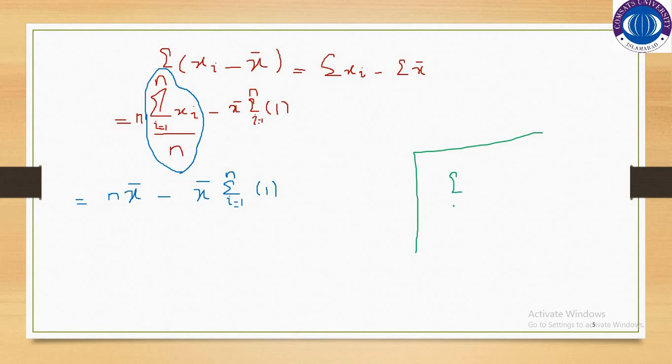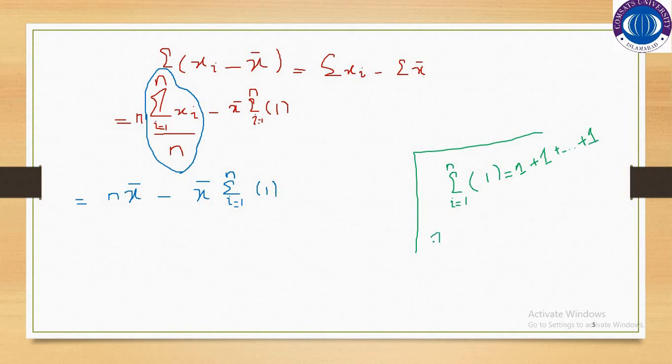Summation i equal to 1 to n of 1 means we are adding 1 n times: 1 plus 1, and so on, n times.